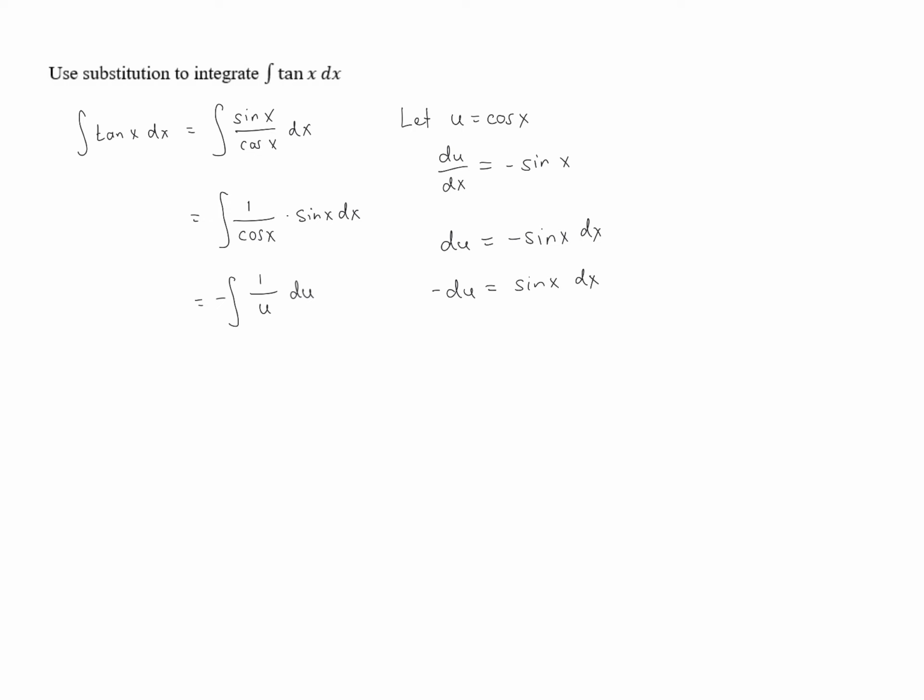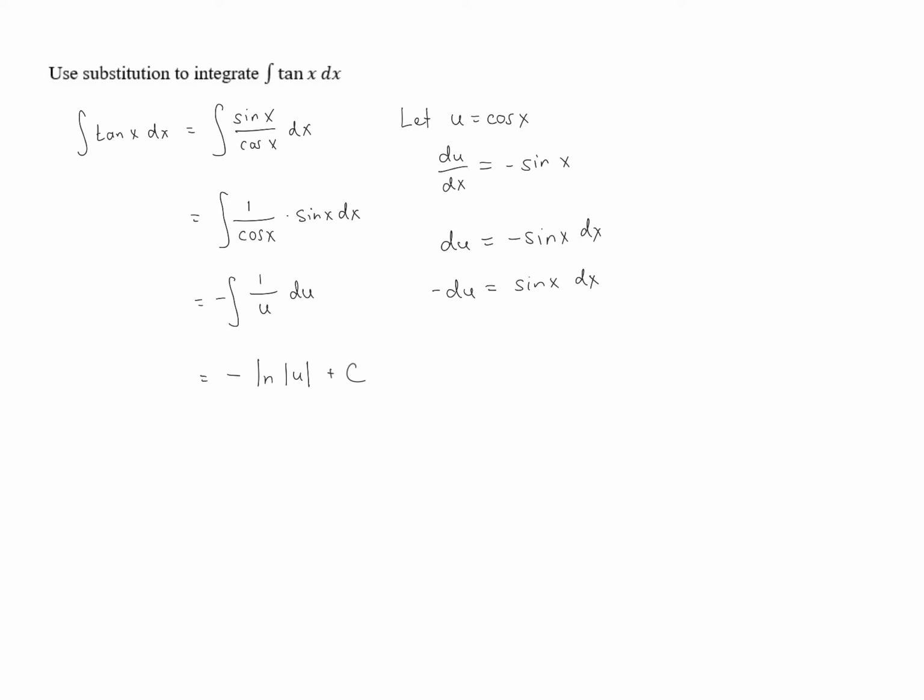So we've got 1 over u inside our integrand, but we know what the indefinite integral of that is, or the antiderivative. The antiderivative of 1 over u is ln of the absolute value of u. And we also have the negative there, and we still need our constant of integration, so that's going to be plus c.